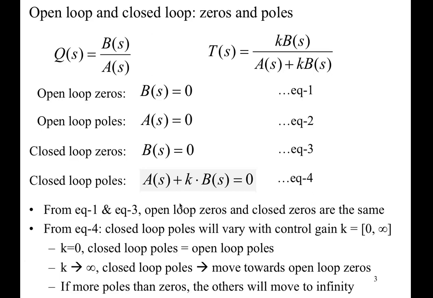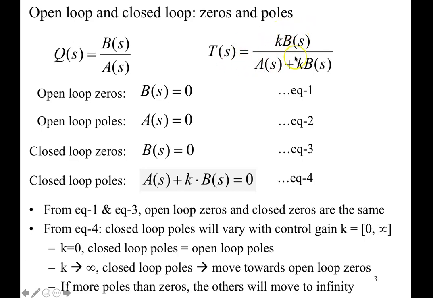If I equate the denominator terms of Q(s) to 0, that's A(s) equals 0, the solution of that equation will give me the open loop poles. So B(s) equal to 0 gives me open loop zeros, A(s) equal to 0 gives me the open loop poles.